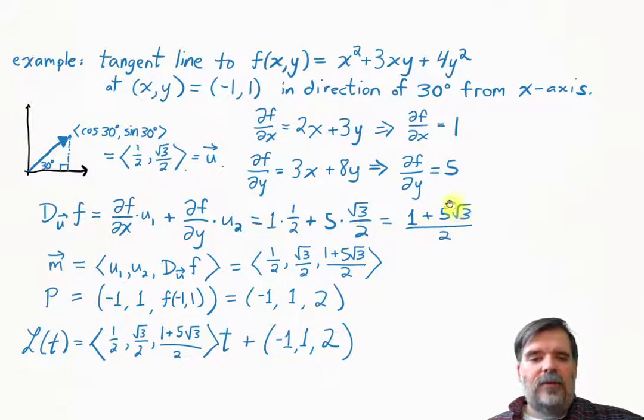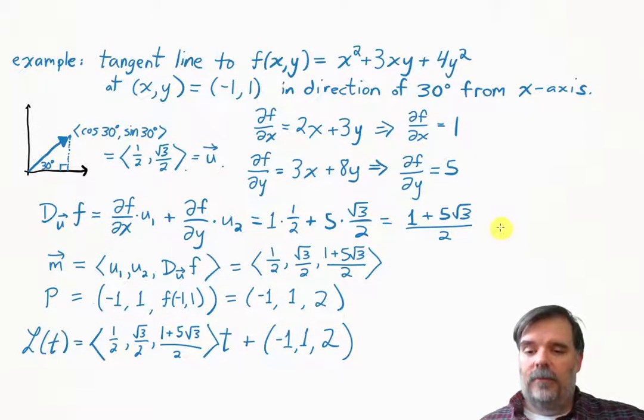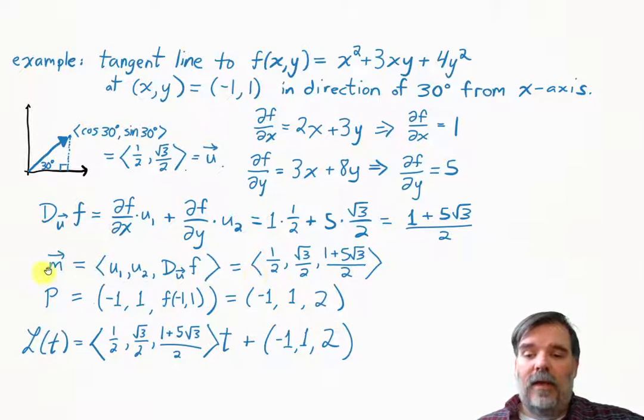Combine these values, you can put them in a single fraction: the quantity 1 plus 5 radical 3 all over 2. So now we have our slope vector, (1/2, radical 3/2, (1 plus 5 radical 3)/2).